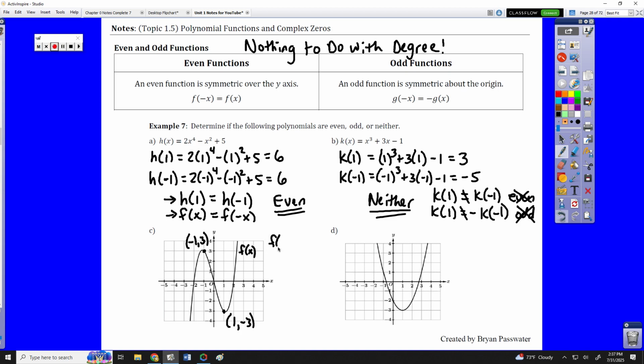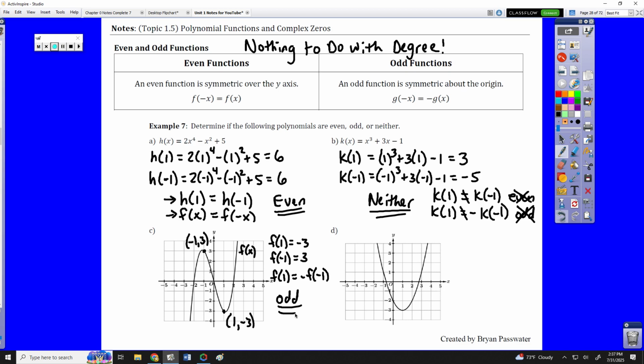Here I have that f of 1 is negative 3 and f of negative 1 is positive 3, which means f of 1 is the opposite of f of negative 1. This is an example of an odd function. They are opposites. One is 3, one is negative 3. They are symmetric about the origin. The output values are opposites for these input values that are opposites.